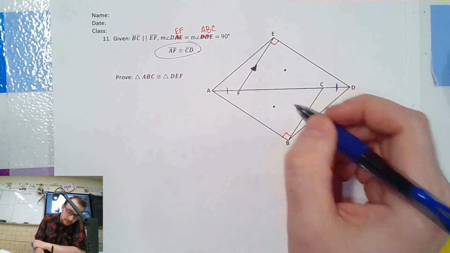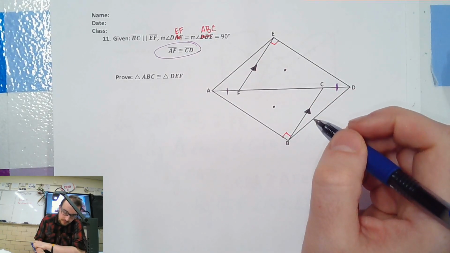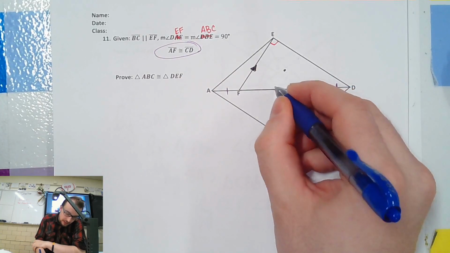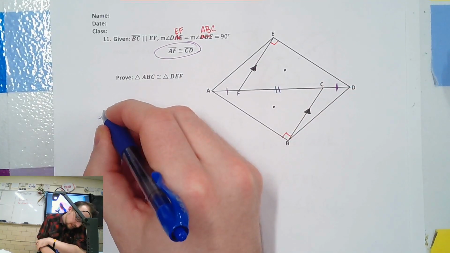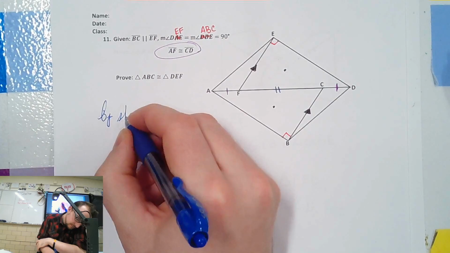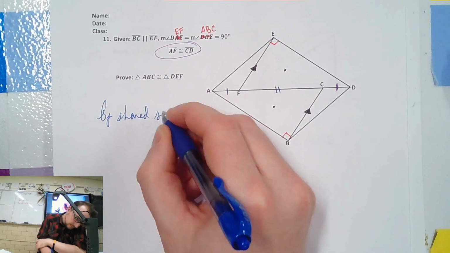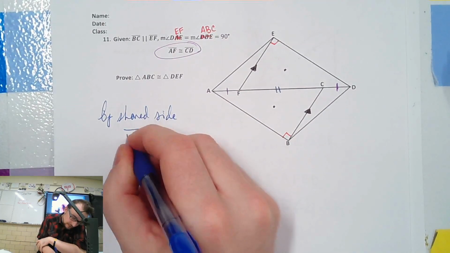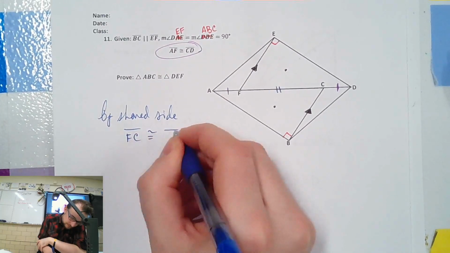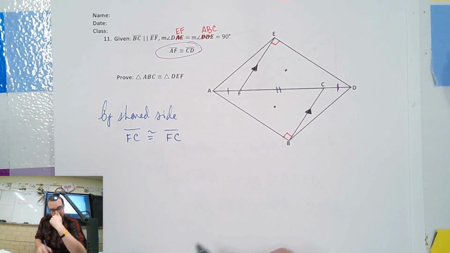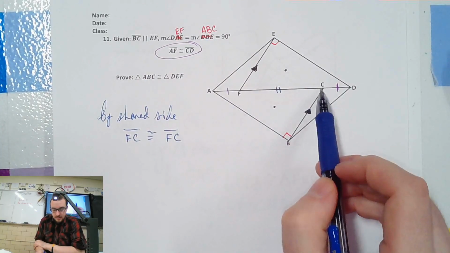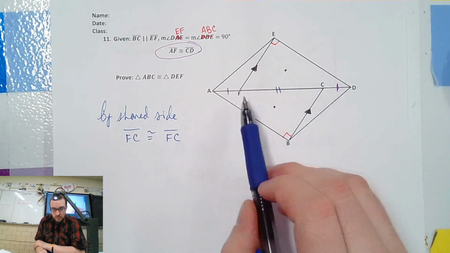so we're going to do shared side for this. So shared side by shared side. FC. Since AC and FD are both purple plus blue, right?